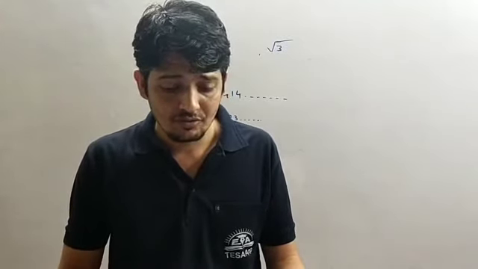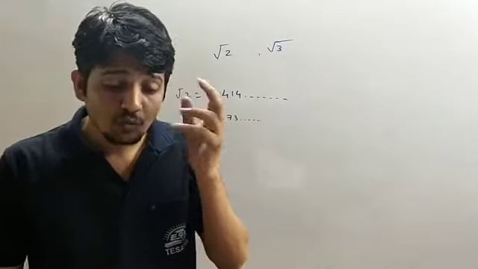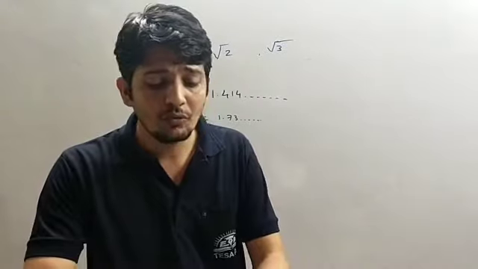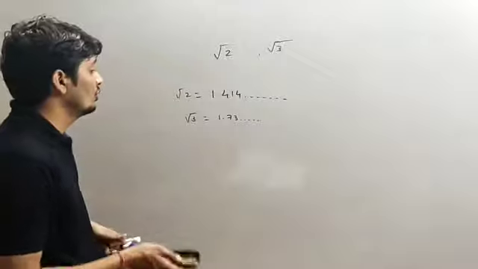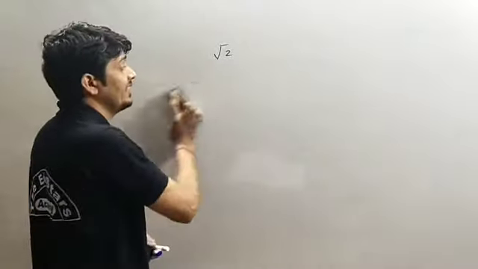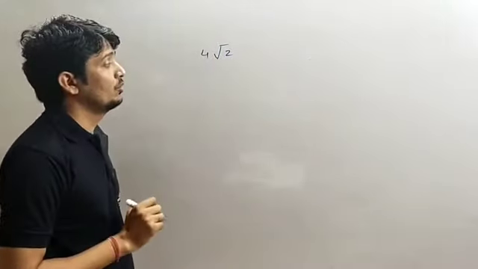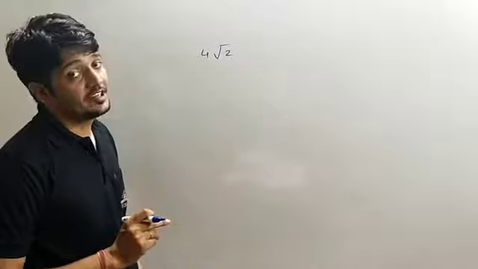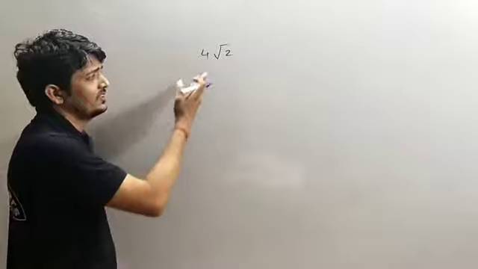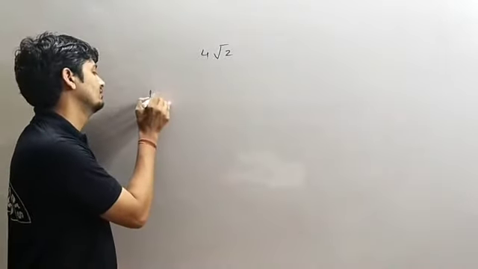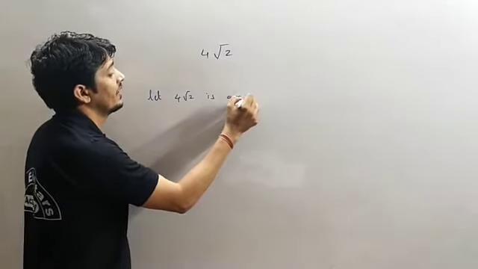Now we have practice set 2.2. It says to show that 4 root 2 is an irrational number. So consider, let 4 root 2 be a rational number.